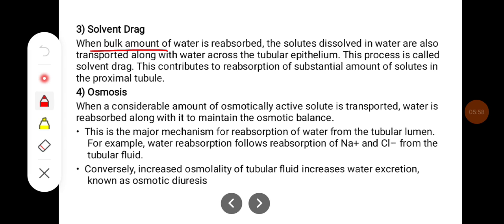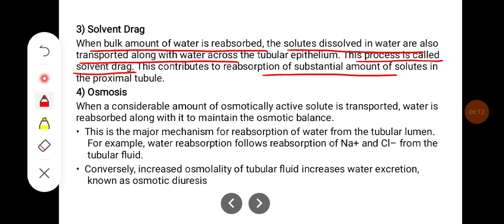When a bulk amount of water is reabsorbed, the solutes dissolved in water are also transported along with the water across the tubular epithelium, and this process is called solvent drag. This contributes to reabsorption of a substantial amount of solutes in the proximal tubule. When a considerable amount of osmotically active solute is transported, water is reabsorbed along with it to maintain the osmotic balance, and this is called osmosis.